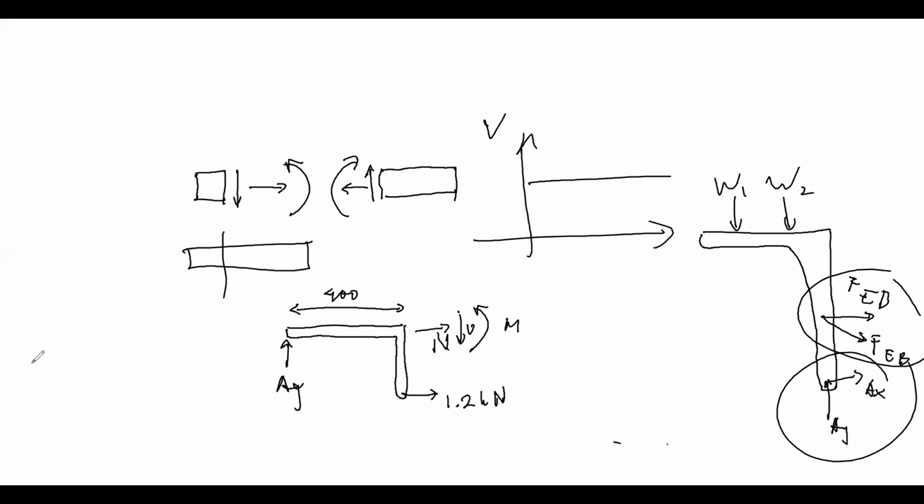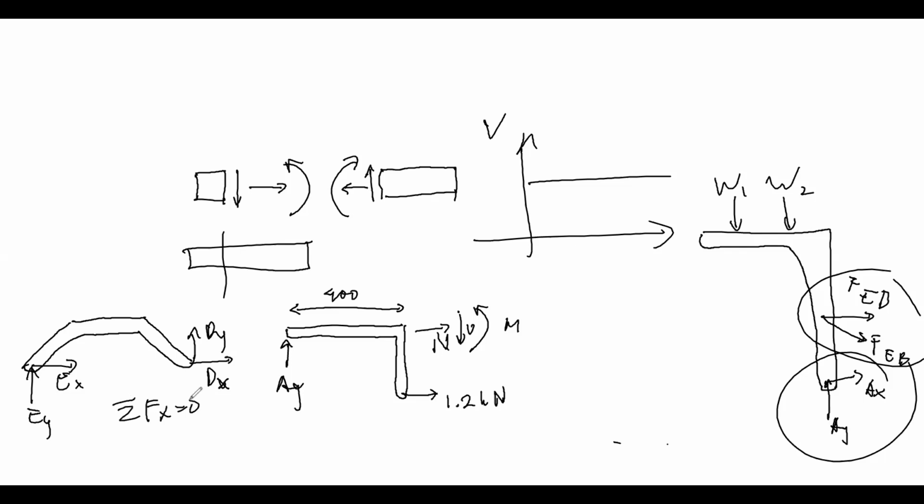Okay, why is ED a two force member? Because if I draw ED, roughly it will be like this, right? And then here, we're supposed to have two forces, and here as well. It's supposed to be EY, EX, and then this one DX and DY. Okay, then if you use sigma Fx equal to 0, what will you get?